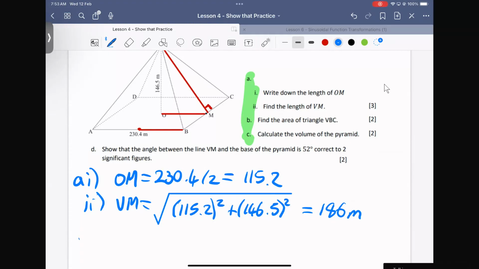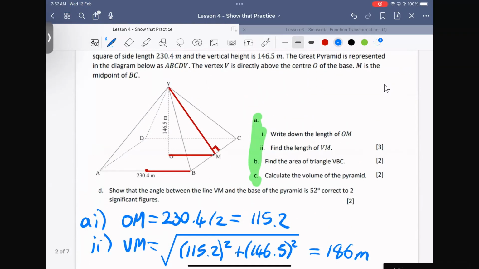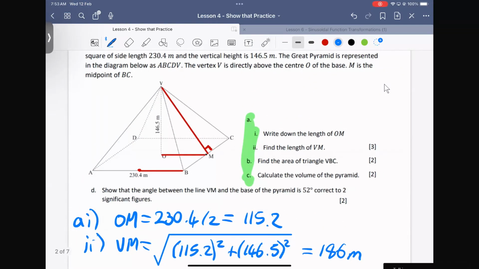B. Now we have to find the area of triangle VBC. VBC is the triangle on this face here. We've been doing the triangle with the altitude in the center of the pyramid.